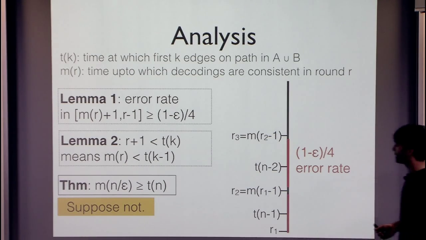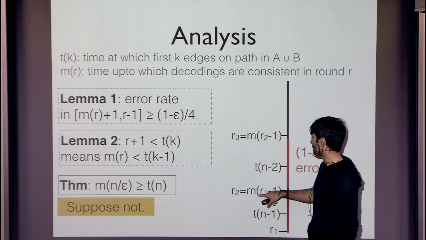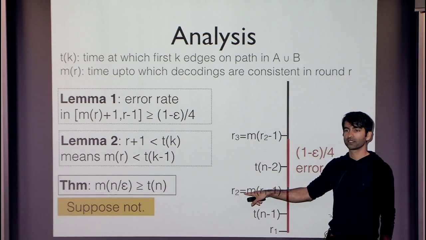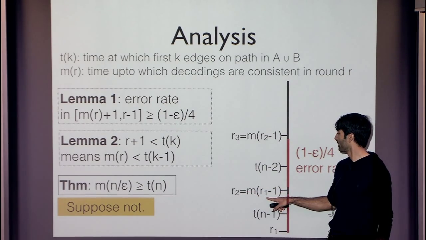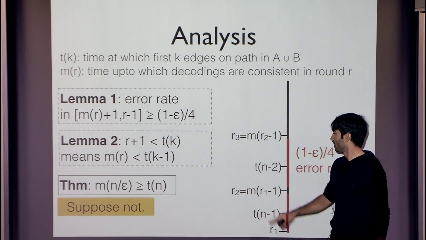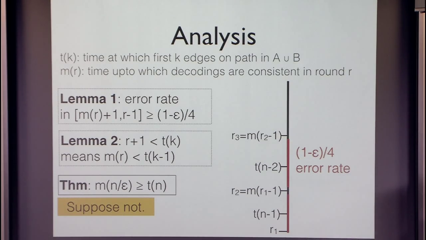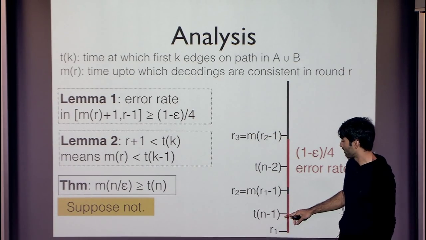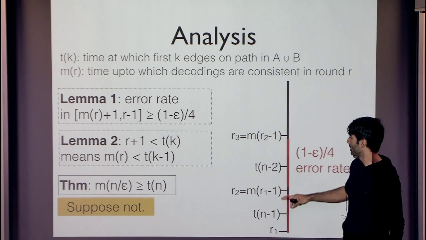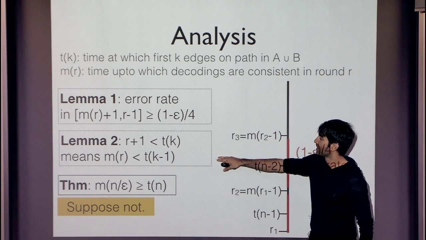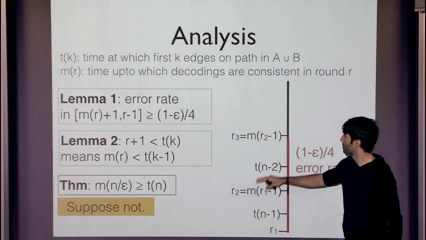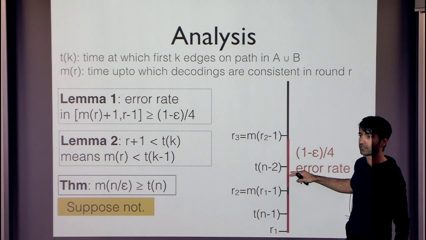And then we can apply the same argument to this new R. So set R to be this new M of this number. And that number is now less than T of n minus 1, which means by lemma 2, M of this number must be before T of n minus 2.